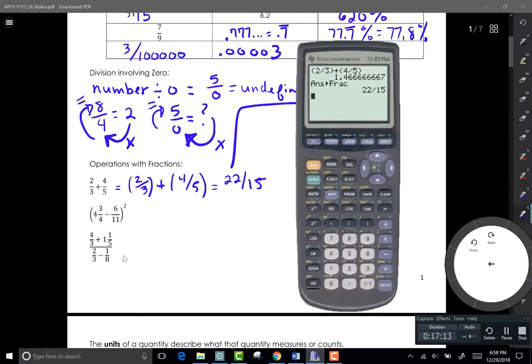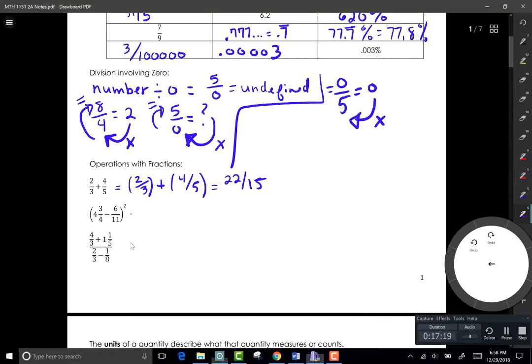Okay, for the next one, everywhere I see a fraction, I'm going to put parentheses around it. Now, I already have parentheses in the problem. So here are the parentheses that are already in the problem. And then I need to put parentheses around the 4 3/4.